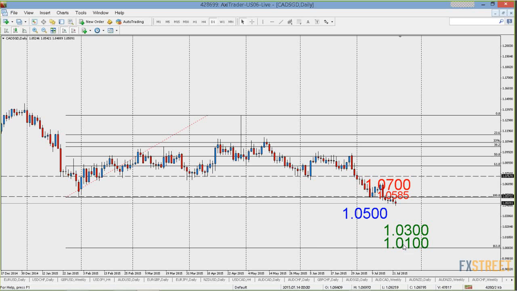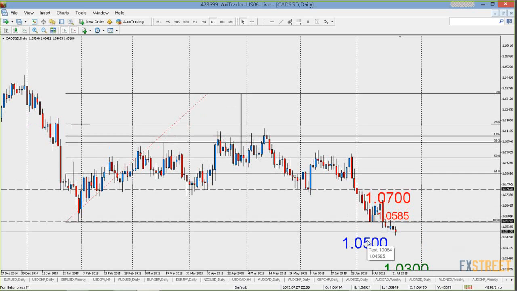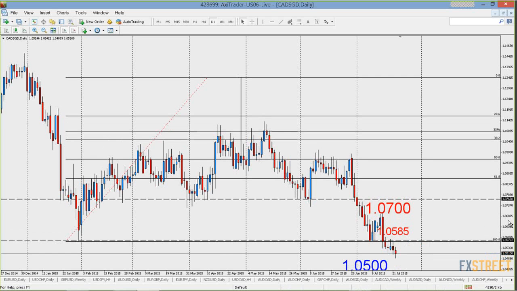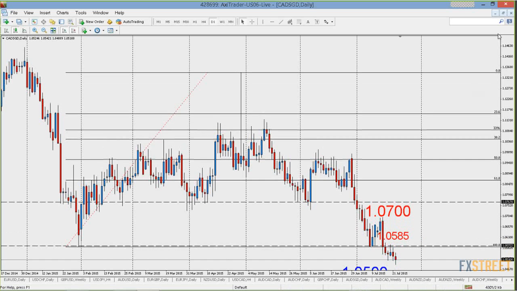I drew a Fib extension. You can use a Fib extension for targets too. So 101 is right around the 161.8 extension, and 103 is just a round number, which is basically equal to my risk because my stop loss is at 107. There is an alternative stop loss at 105.85, but my stop loss is actually 200 pips away at 107. I like the wider stops.